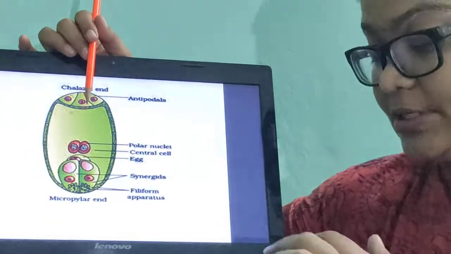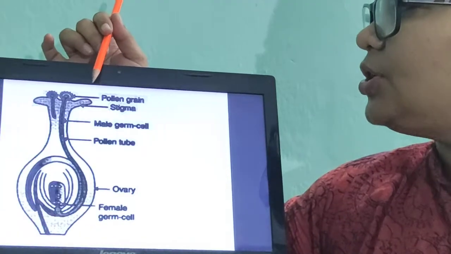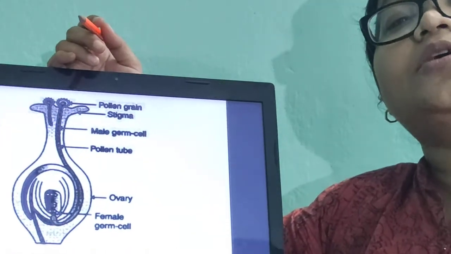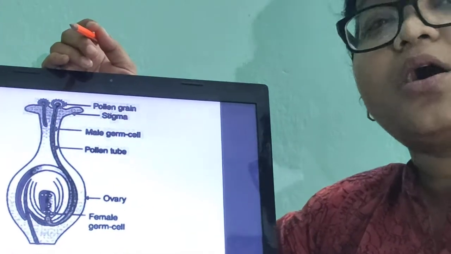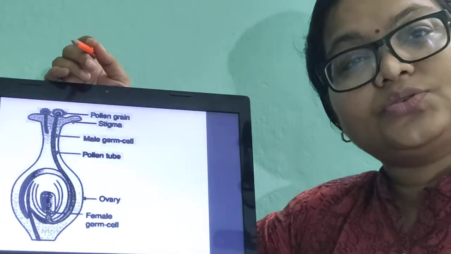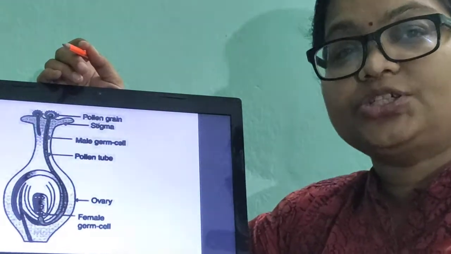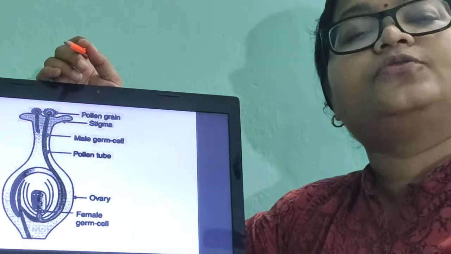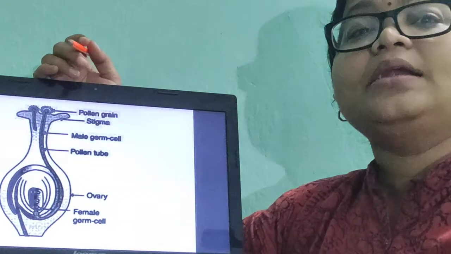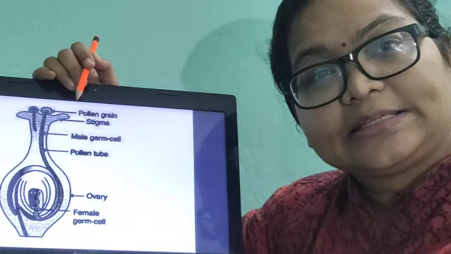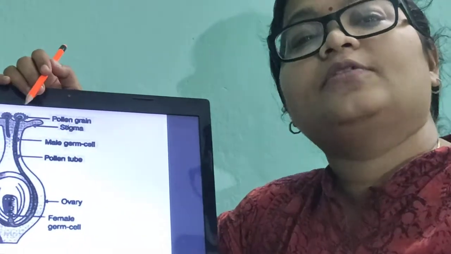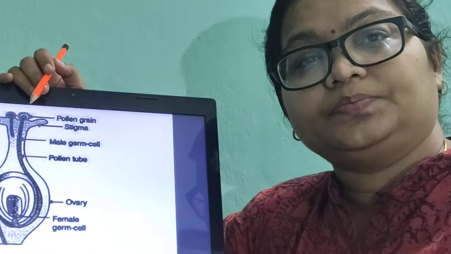Clear? So this is about the structure of the female gametophyte or embryo sac. Now you have well understood the 7-celled and 8-nucleate structure of the embryo sac and the different cells present in it and their importance for the process of sexual reproduction.